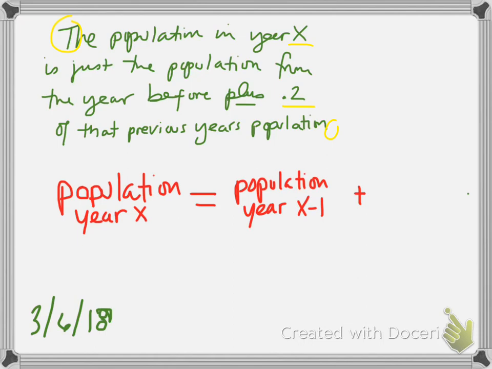So it's going to be equal to the population from year X minus 1 plus something. What are we going to add every year? The growth rate. Are we just going to add 0.2 bunnies, or are we going to add 0.2 of the population? 0.2 of the population. 0.2 bunnies are very, very messy.